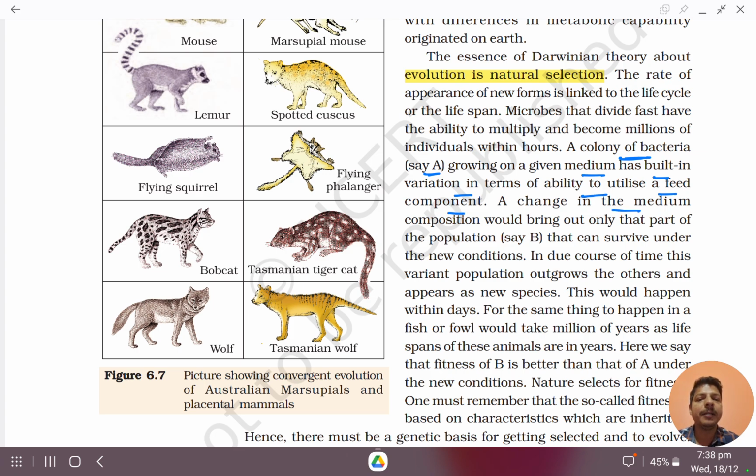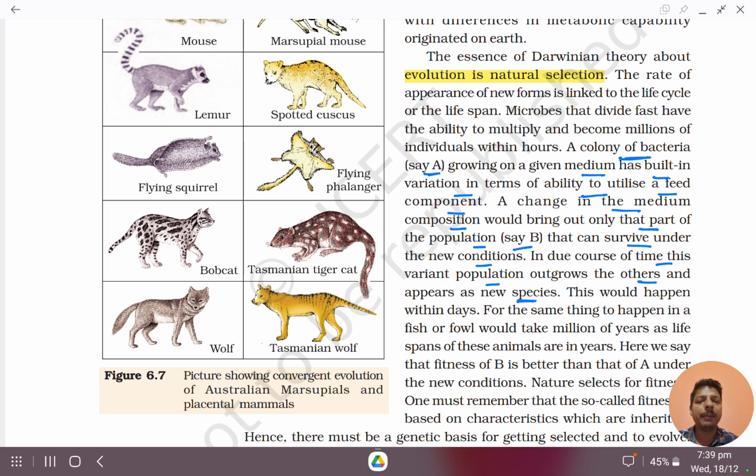A change in the medium composition would bring out only that part of the population, say B, that can survive under the new conditions. In due course of time, this variant population outgrew the other and appeared as a new species. This would happen within days.